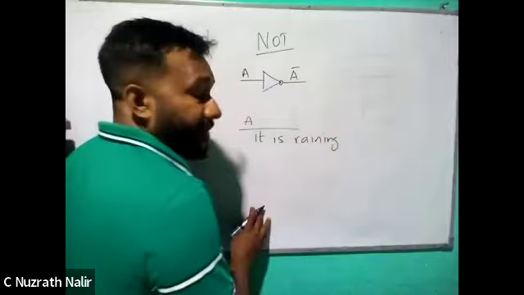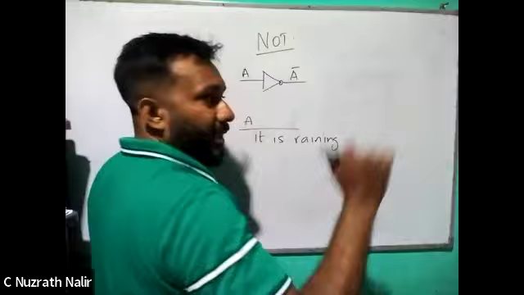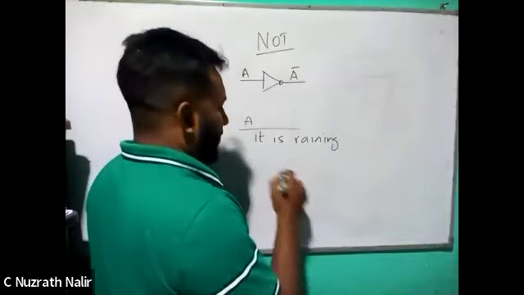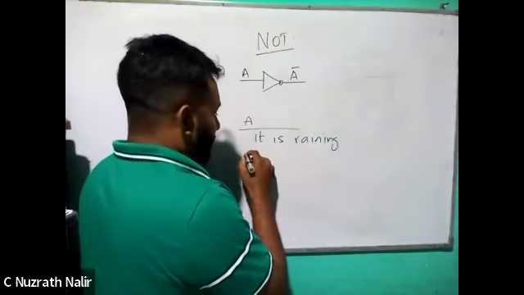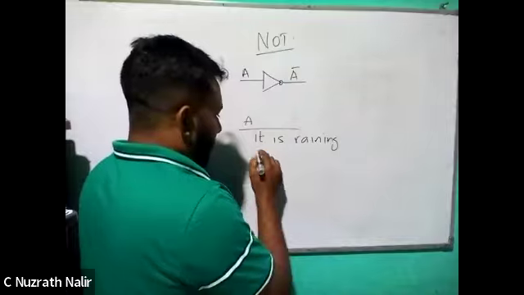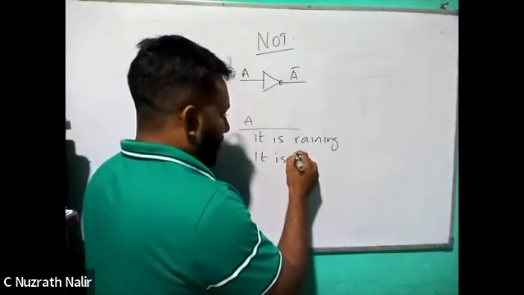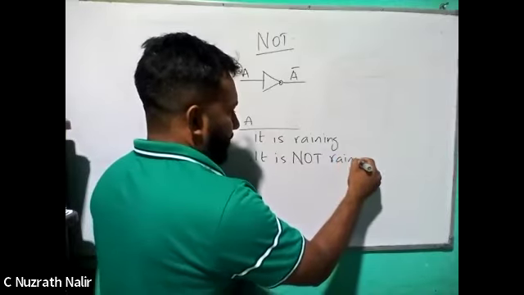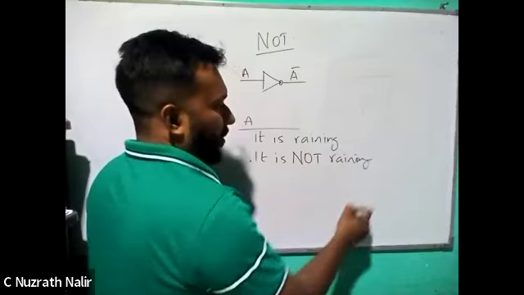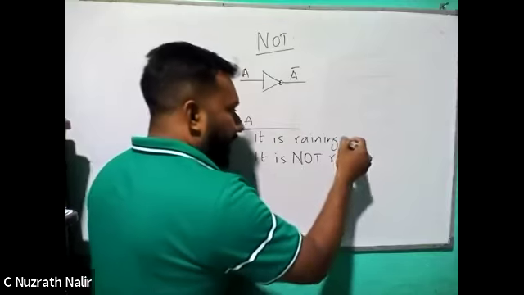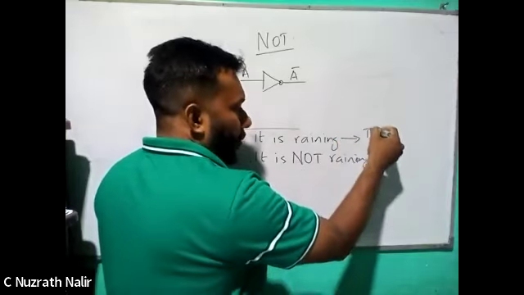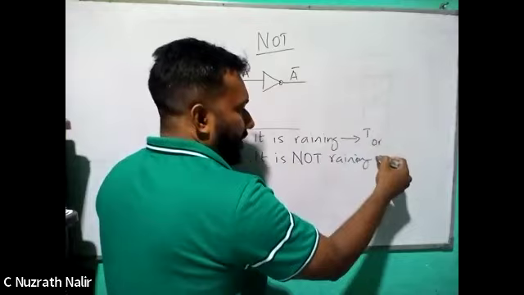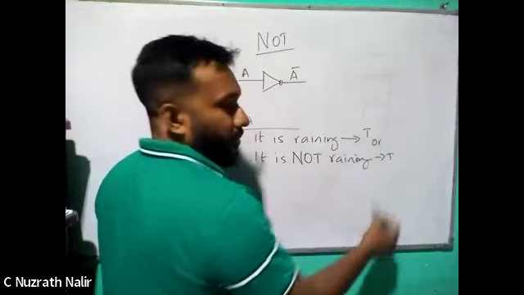Okay, let's say it's raining. But outside, it's not actually raining, and you say, no, sir, it is not raining. Now either this one should be true or that one should be true.